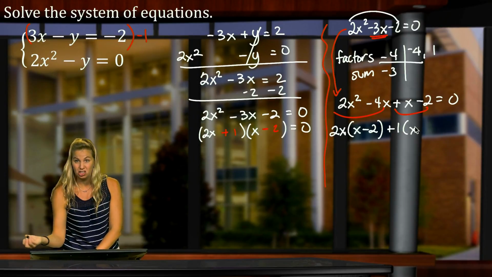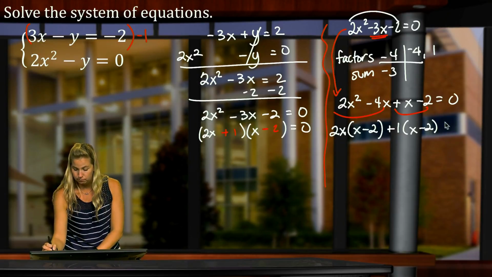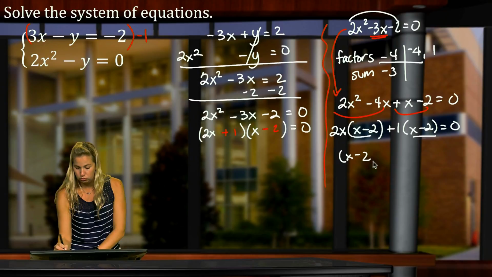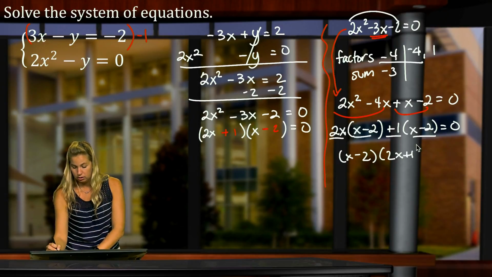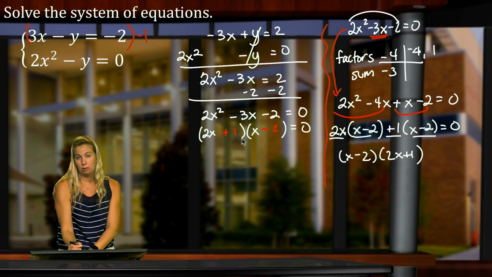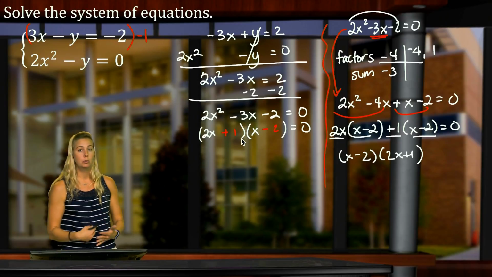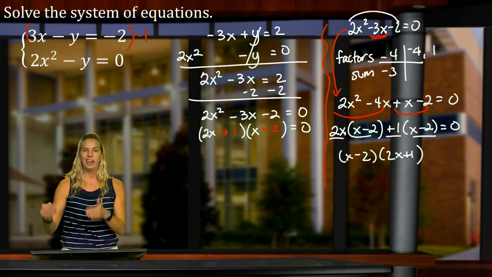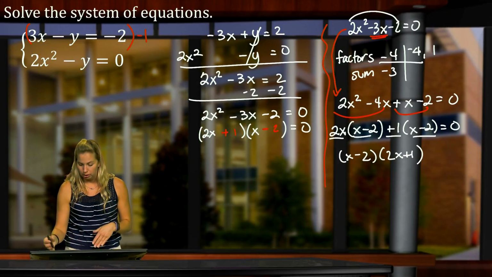When I do that, it doesn't change the second factor. It's x minus 2. And that gives me one factor is x minus 2. The second factor is 2x plus 1, which matches exactly what we had over here. But if you haven't been taught the AC method, this is a really great way if you like a more systematic approach to factoring.